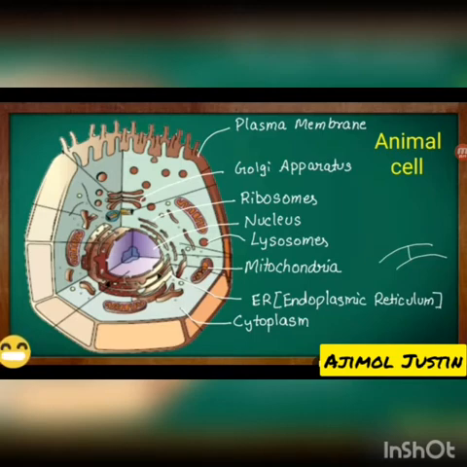The center part known as the nucleus is also present in animal cell. Lysosomes are also present. The powerhouse mitochondria is also present. Endoplasmic reticulum is also present. Cytoplasm is also present in animal cell. So here the main two differences which you see are that cell wall is absent in animal cell and vacuole is also absent.